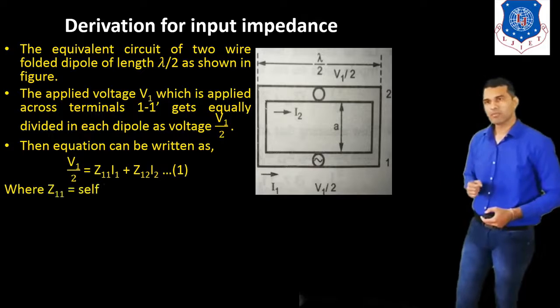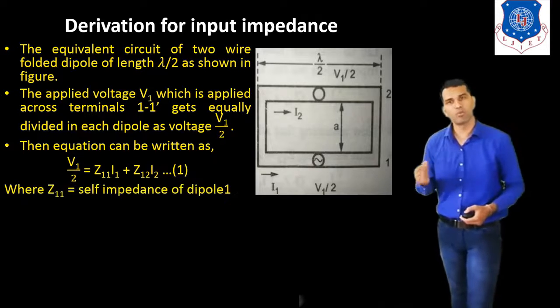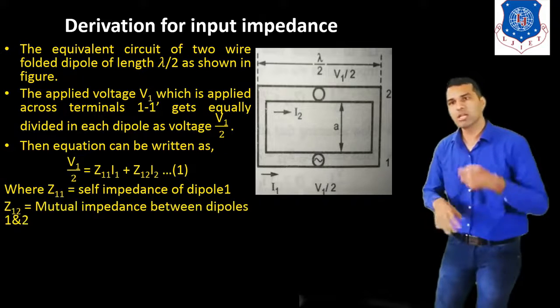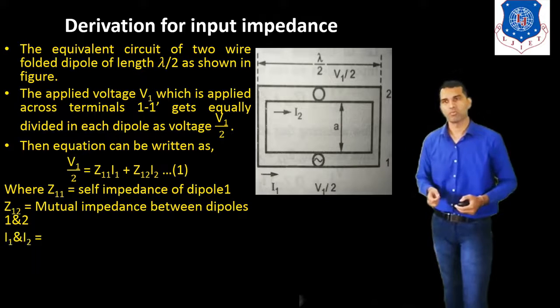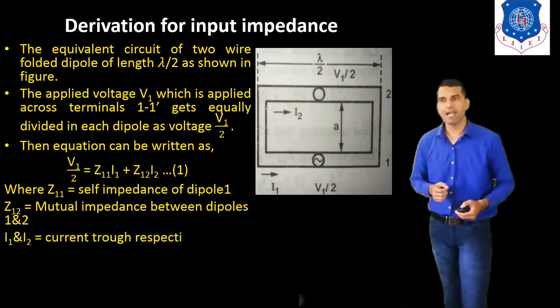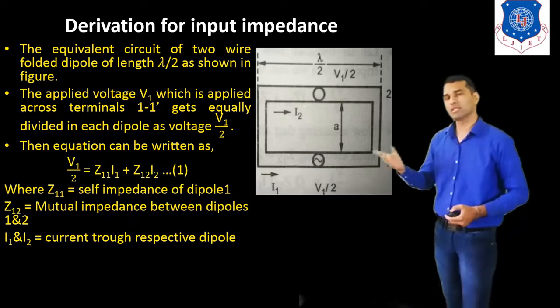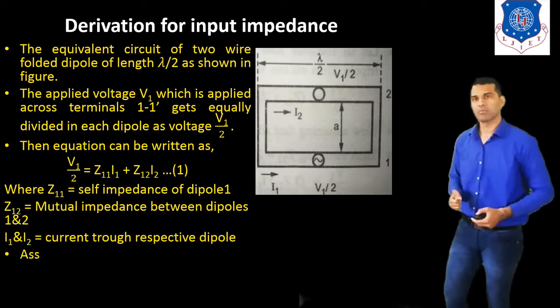Here Z11 indicates the self impedance of dipole 1 and Z12 indicates the mutual impedance between dipole 1 and dipole 2. I1 and I2 are the currents through the respective dipoles. That means I1 is the current in one dipole and I2 is the current in the second dipole.